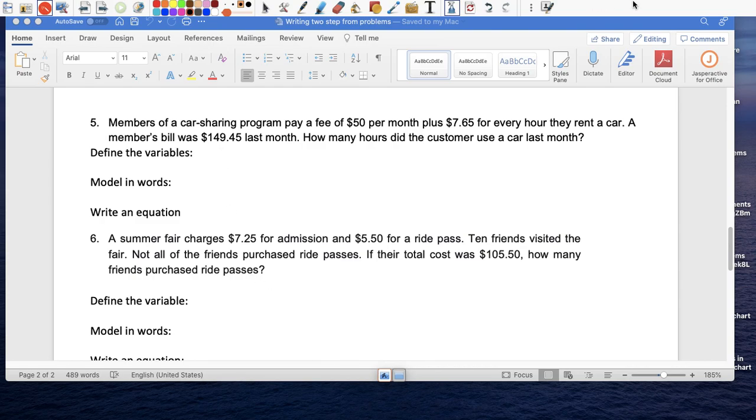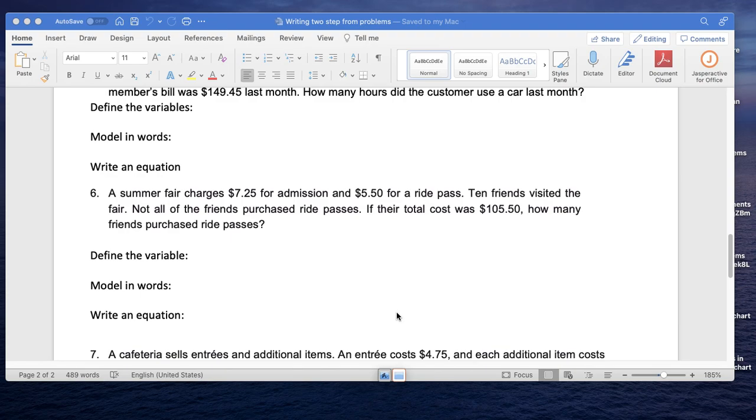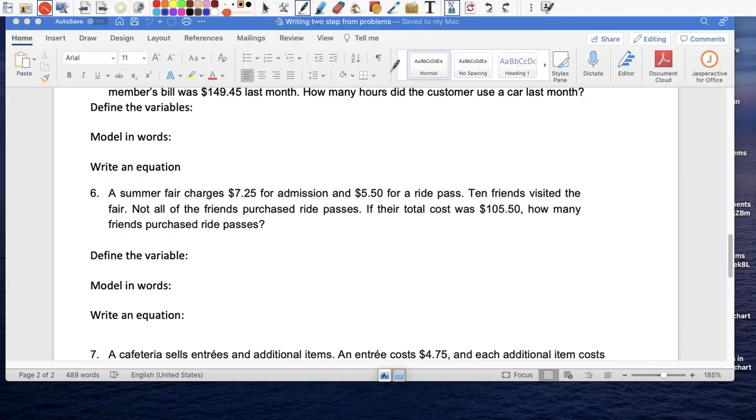Problem 6: summer fair charges. You have to pay $7.25 just to get in, and every ride costs $5.50. Ten friends visit the fair, but not all of them purchased ride passes. If their total was $105.50, how many friends purchased the ride pass?